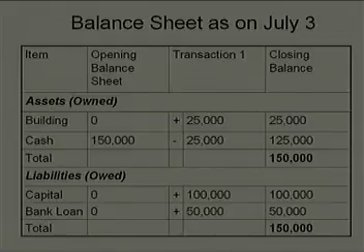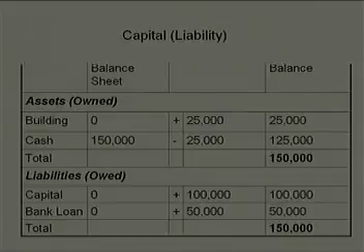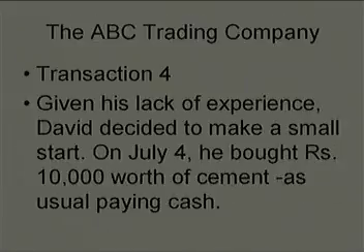But still you can find the sum of total assets and the sum of total liabilities match. Now we move on quickly to another transaction, which is transaction 4. It says, given his lack of experience, David decided to make a small start.